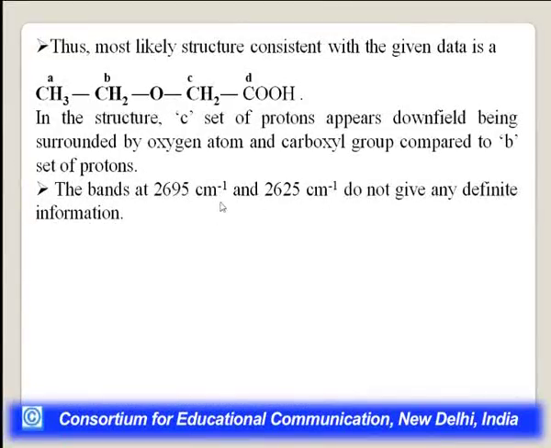At a band of these values, they are not giving any information, but sometimes you will be confused by the data. So first of all, you need to focus on the significant data and try to calculate the structure of the compound slowly by calculating the number of protons first, and not be confused by this kind of data, because you can see this kind of data does not give any definite information.